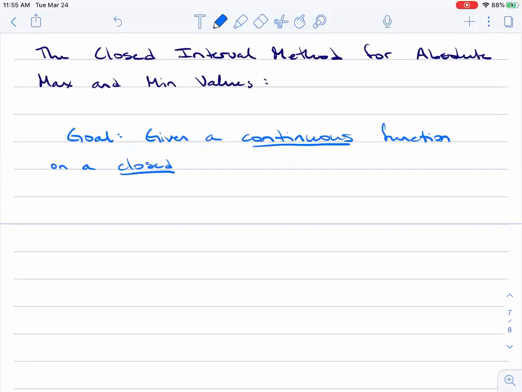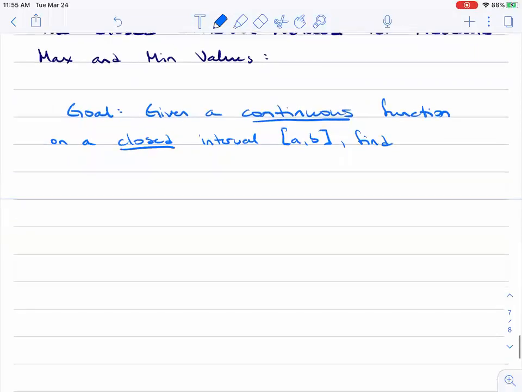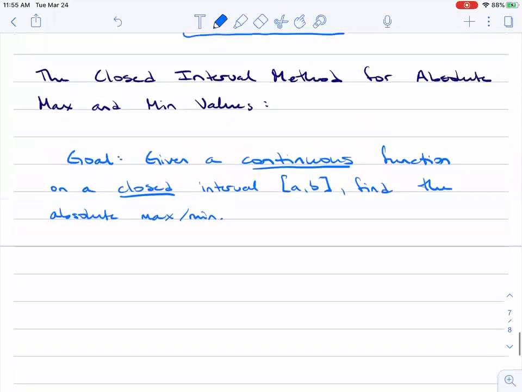There's a lot of things that have to be checked. Is it continuous? Are we on a closed interval? On a closed interval from A to B, we want to find the absolute max or min. Okay, so that's our goal of this exercise here.